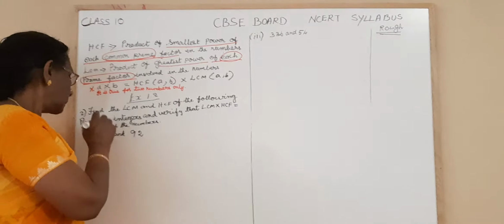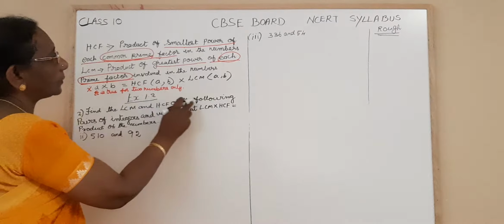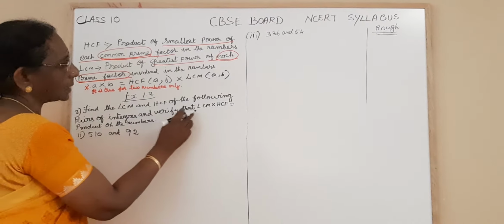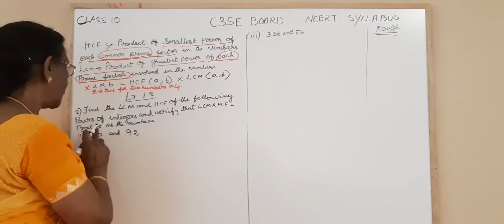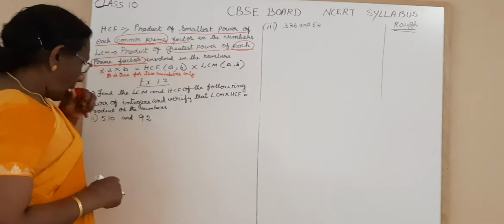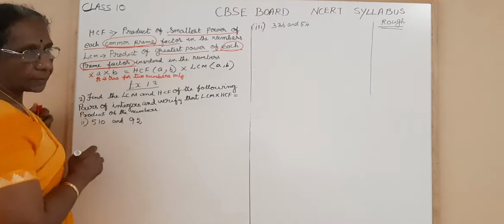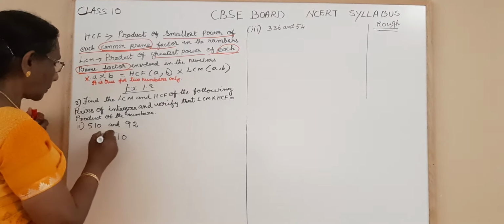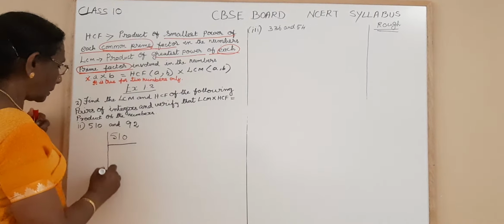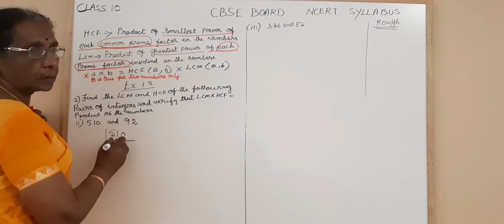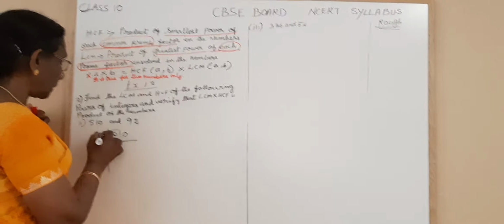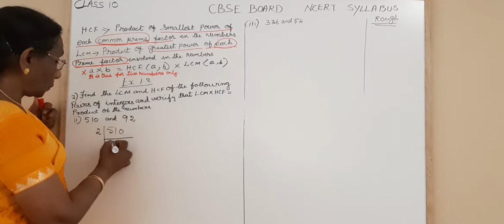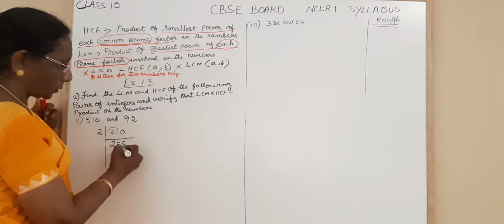Now here, find the LCM and HCF of the following pairs of integers and verify that LCM into HCF is equal to the product of the numbers. So first let us find the prime factors. This ends with 0, so it is divisible by 2. As I told earlier, let us go in ascending order. 2 2s are 4, 5 2s are 10.